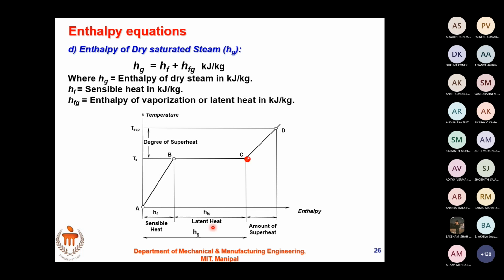So if you see here, sensible heat and latent heat, both are energy, the energy that is absorbed or released within the atmosphere. The difference between these two is that sensible heat relates to change in temperature.